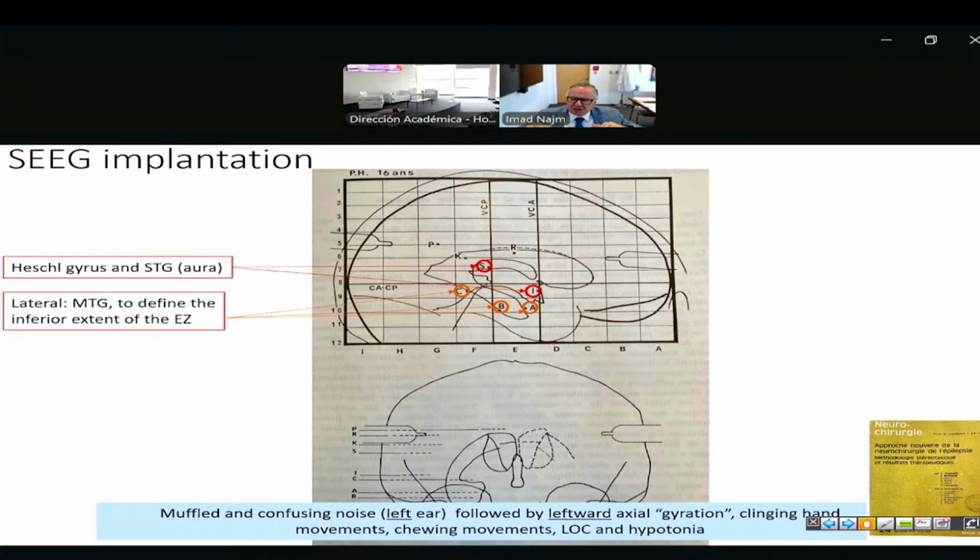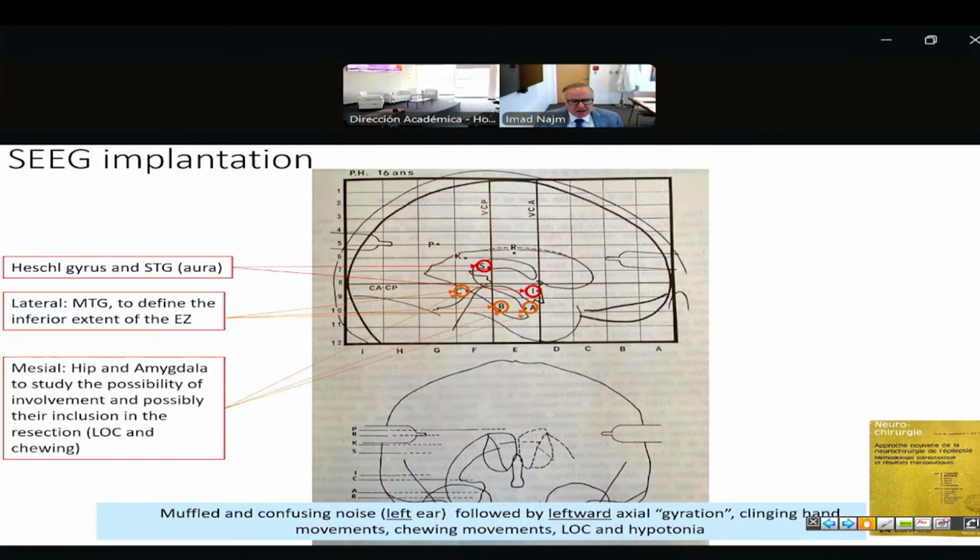And this is something they come back to every time they talk about pre-implantation planning, which is the placement of electrodes around the area of the hypothesis. So the hypothesis here is Heschl's gyrus and superior temporal gyrus. The electrodes to be placed are anterior, ventral, posterior, and dorsal to the hypothesis.